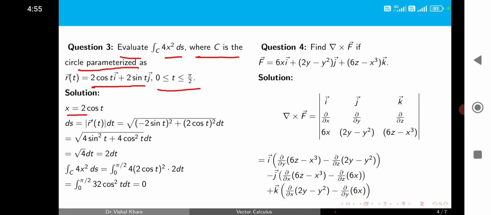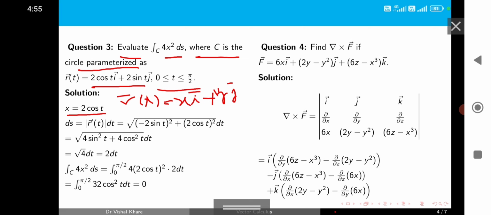If we compare this vector r(t) with x i bar plus y j bar, so x is equal to 2 cos t, and ds is equal to mod of vector r'(t) dt.